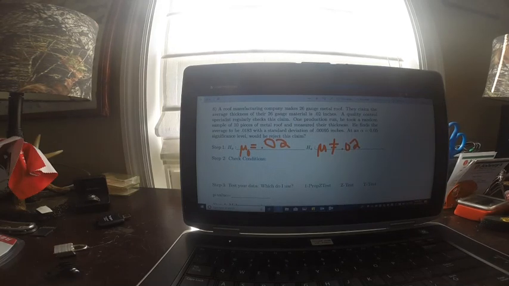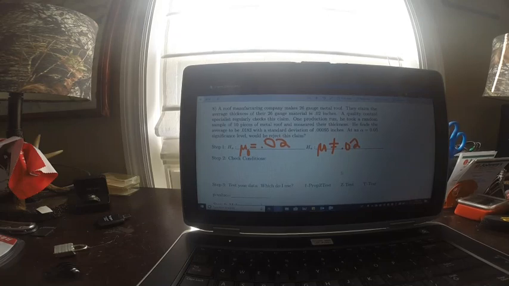Just because our sample finds it to be greater than or less than doesn't mean we go with what our sample shows. Sometimes we just want to know, is it equal to or not equal to. We have to specifically say greater than or less than, or indicate some kind of greater than or less than in the problem, for us to choose that for our alternative hypothesis.